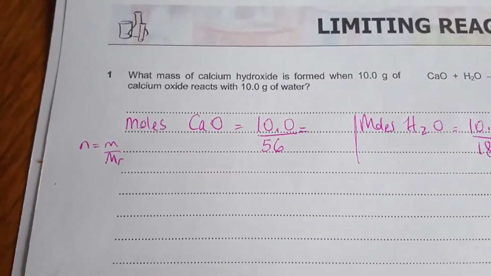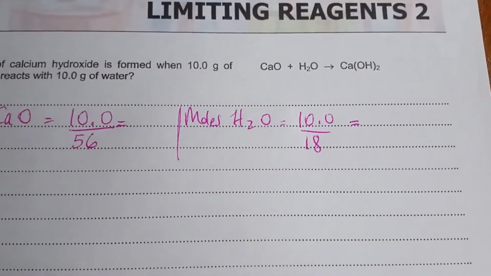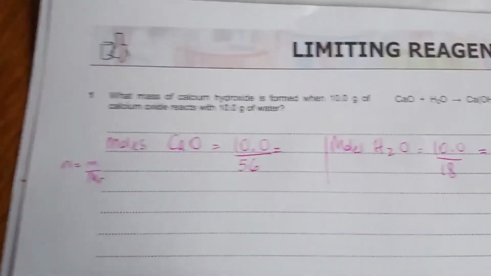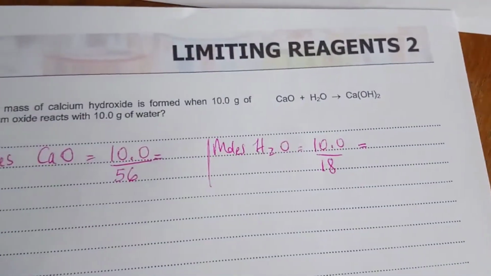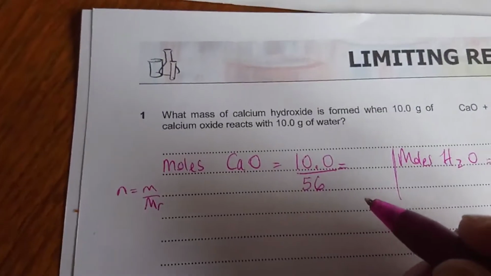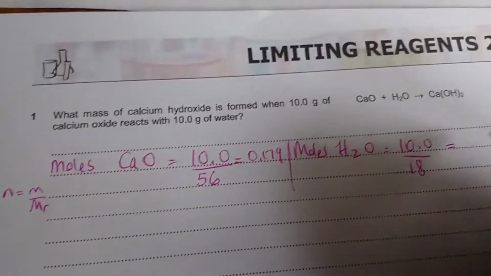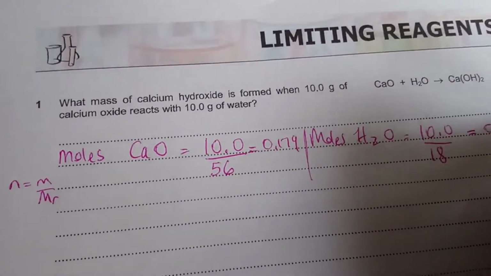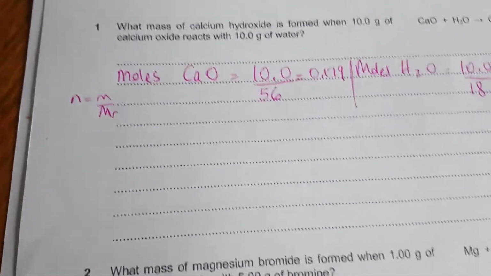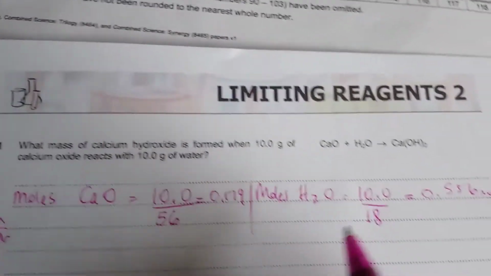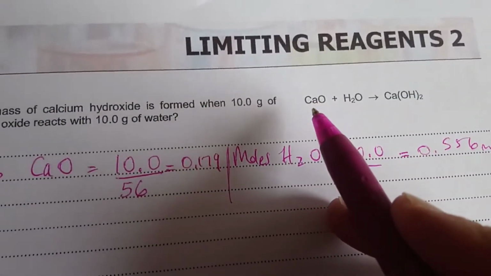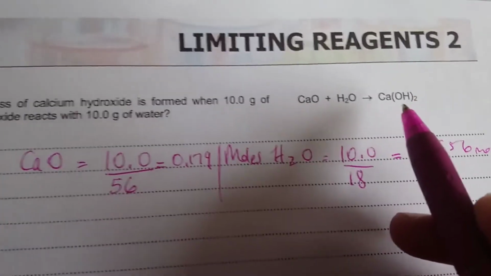Okay, come back to that formula there, and then I calculate my moles of water with 10 grams divided by 18. And the numbers I should get are 0.179 mole and 0.556. Okay? So then I look up at my ratio and I know that calcium oxide, 1 mole reacts with 1 mole to form 1 mole.